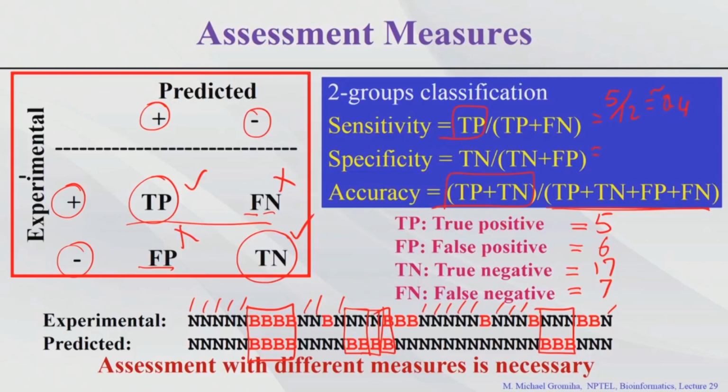Then specificity: true negative is 17 divided by 17 plus false positive, that is 23, so approximately 0.7. Then accuracy: true positive plus true negative, 22, divided by 35.